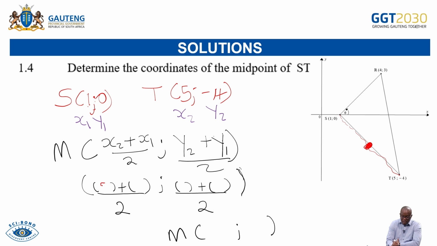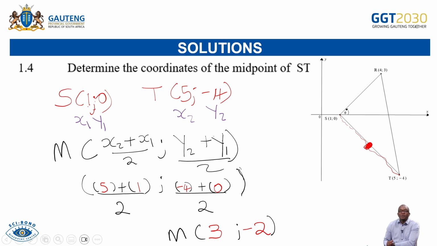X2 is 5, x1 is 1. Y2 is minus 4, and y1 is 0. So now we're going to have 3 and negative 2. 3 and negative 2 is our answer.